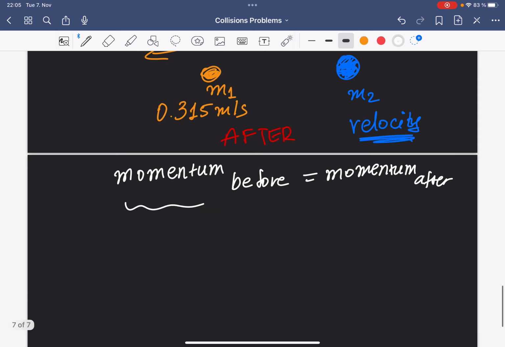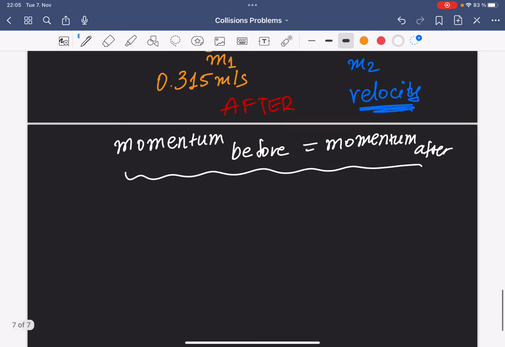So momentum before needs to be equal to momentum after. Momentum of the system before, which means momentum of all the bodies involved in the system, should be equal to the momentum of the system of all the bodies after the system.